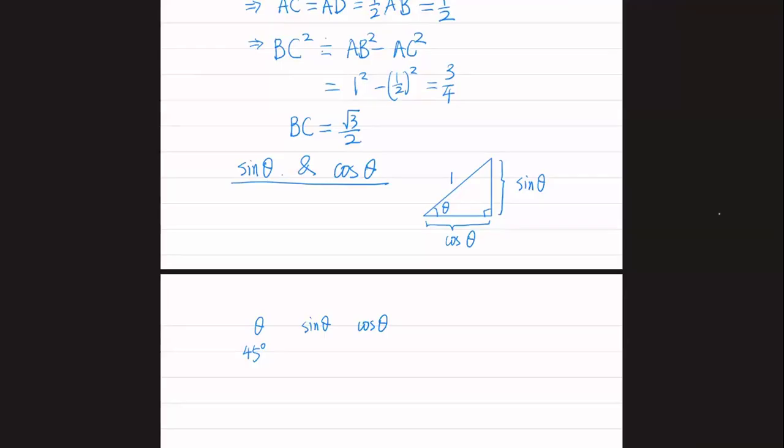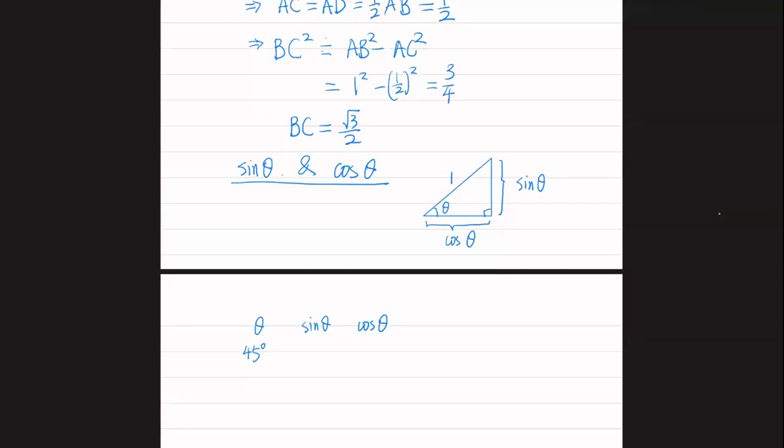Does it matter which side adjacent to theta it is? It's very important. The side facing theta we call sine, and the side adjacent to theta we call cosine. Does it always have to be the base adjacent to theta? No, you don't have to.